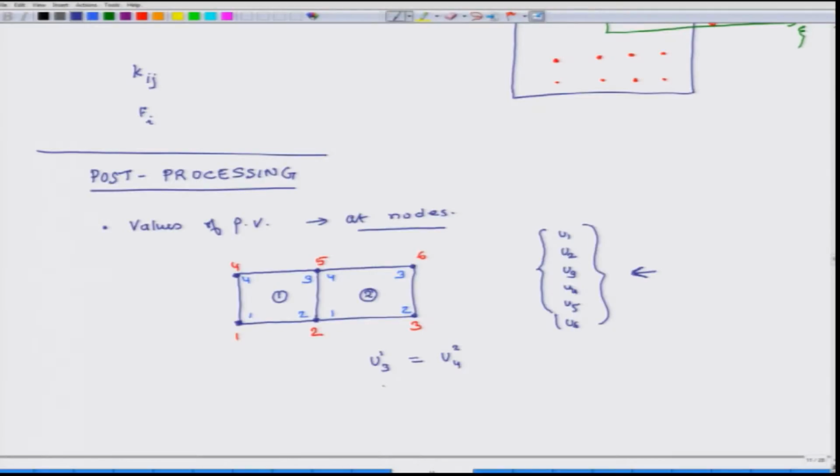Similarly, we equated, and this we did through the connectivity matrix, u1 at node 2 is equal to u2 at node 1, and this we called u3, global node 3, this is u2 and this is u5.